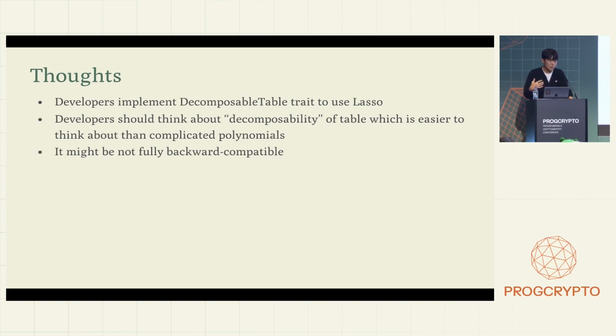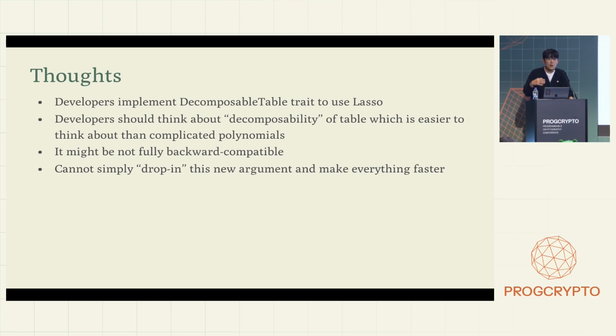But the concern is that it might not be fully backward compatible, because as we now have to implement new decomposable table traits, we cannot simply drop this new lookup argument into existing tooling such as Halo 2 and make everything much faster. So we have to rewrite some code.